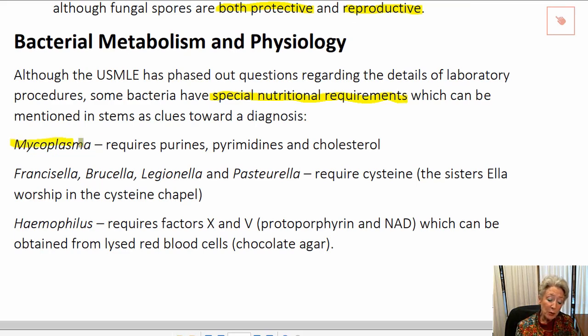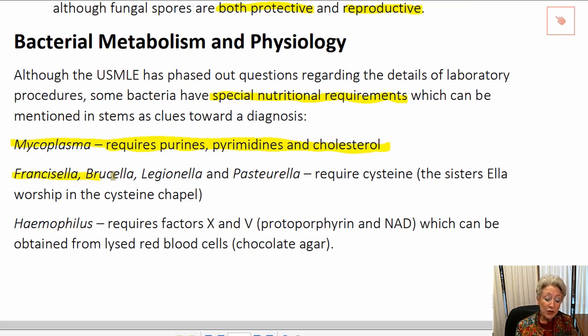So realize mycoplasma requires purines, pyrimidines, and cholesterol. If you recall, mycoplasma is the one bacterium that does not have a cell wall, and instead it has sterols in its membrane, which you have to provide for it in its diet.